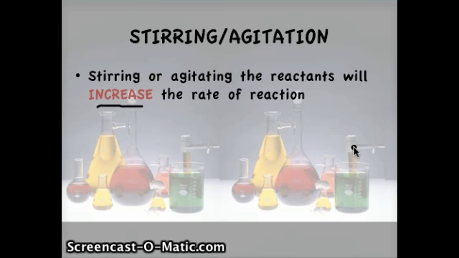However, what a washing machine does is it stirs the clothes around, mixes them together with the water and the soap, which increases the clothes' exposure to the soap. The same thing happens with stirring and agitation during chemical reactions. The more that the reactants are stirred or agitated, the more likely they are to react.